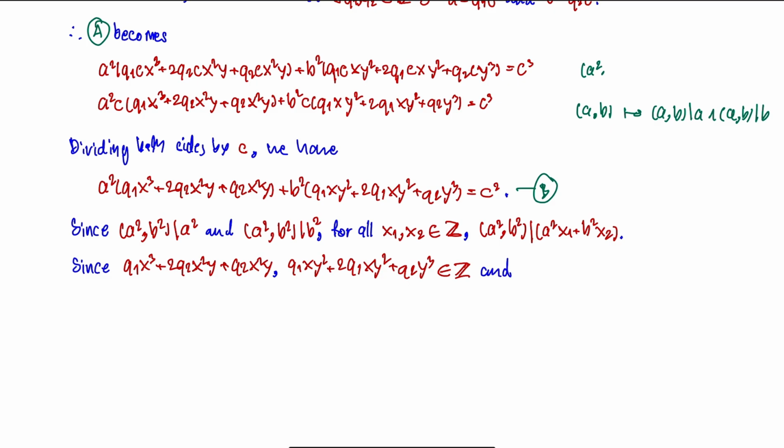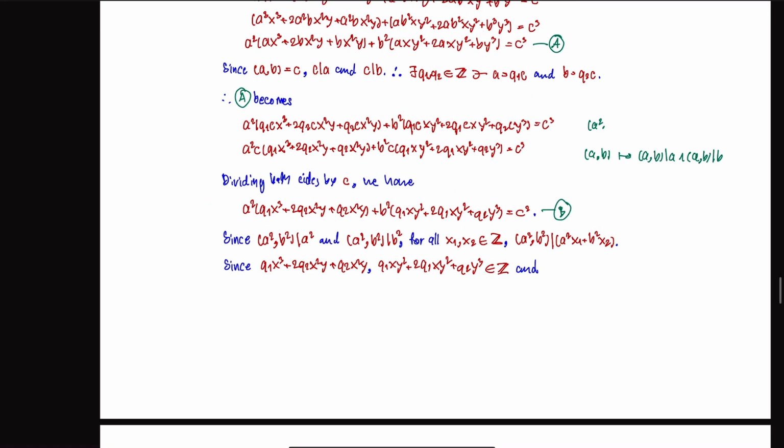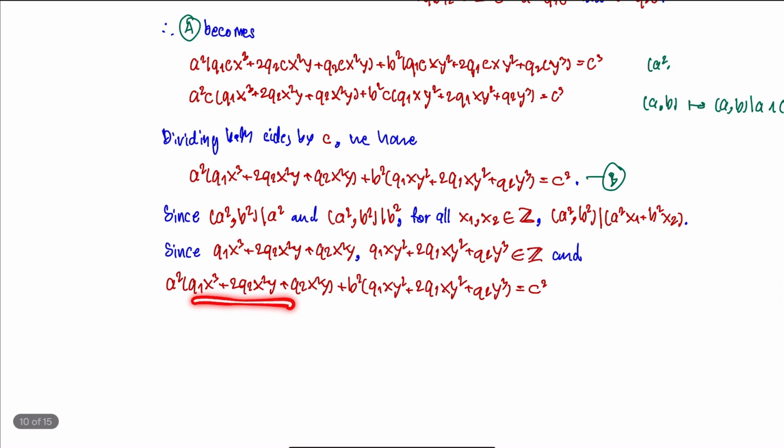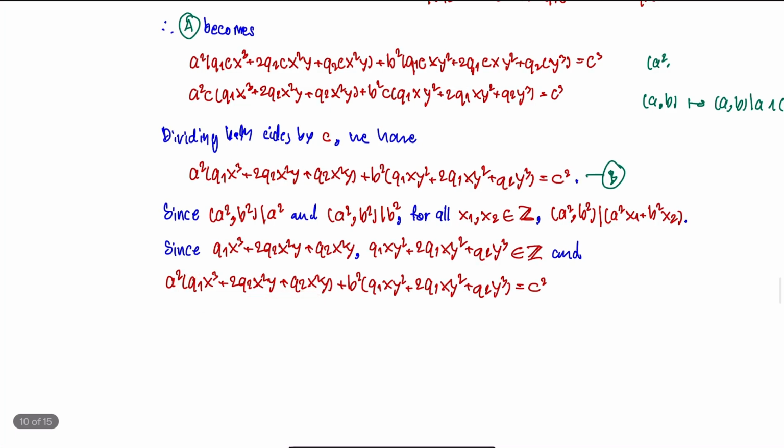And we have this equation right here. So we have a squared times an integer plus b squared times an integer equals c squared. So that means the greatest common divisor of a squared and b squared divides this term, right?